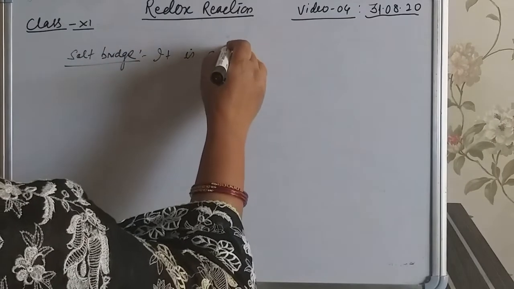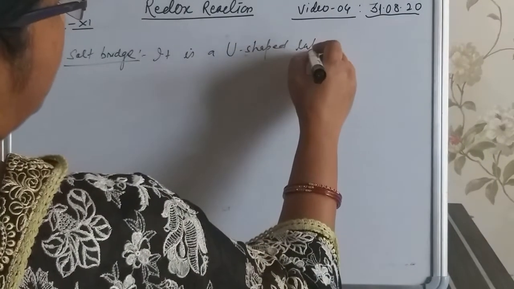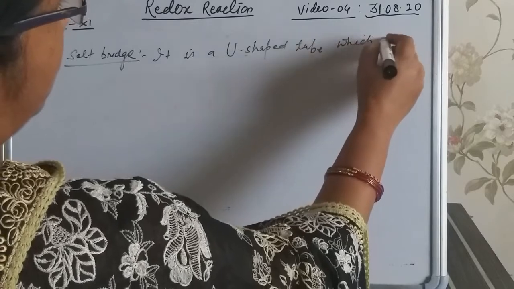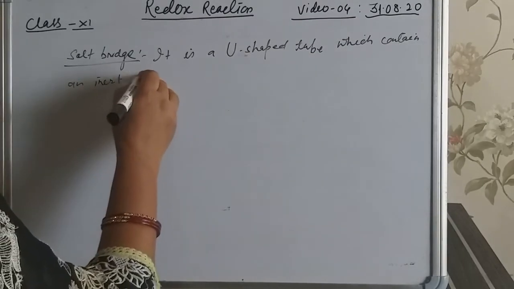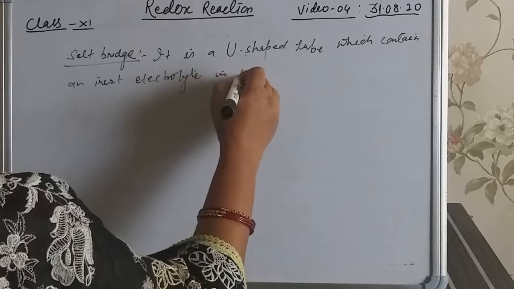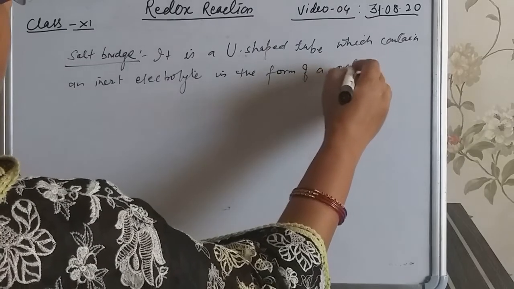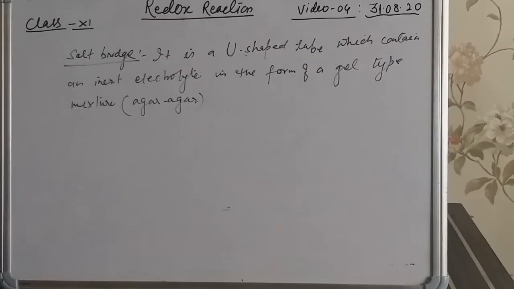What is a salt bridge? Students, it is a U-shaped tube which contains an inert electrolyte in the form of a gel-type mixture which is called agar.